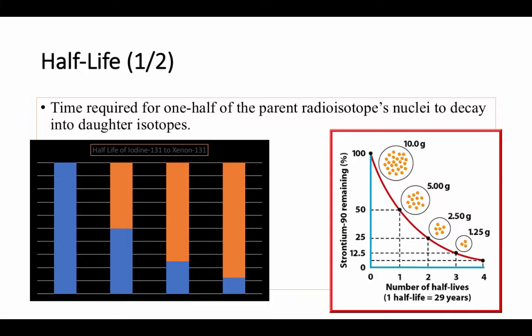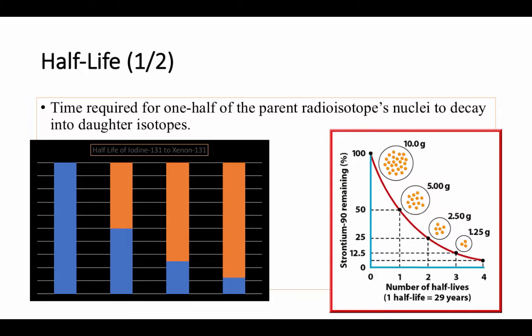In the graphic on the right, this is what it looks like on a scatter plot, which is an exponential decay curve. So on the x-axis, you have the number of half-lives. And in this isotope's case, the half-life equals 29 years, which means that every 29 years, half of the parent isotope will decay into the daughter isotope.